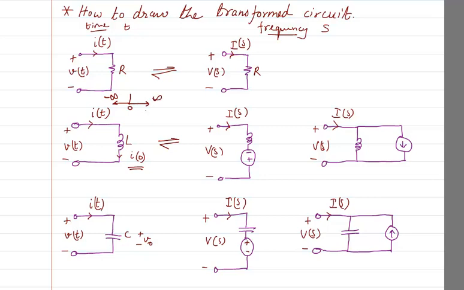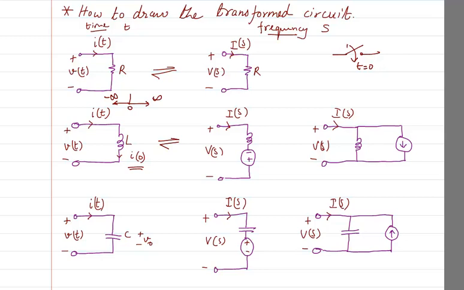But whenever there is a change in the circuit, that change is represented by the time 0. That's why you have mostly seen that the switch is switched at t equal to 0. Is there a time called t equal to 0? No. We generally consider that the switch is going to be switched on or off.